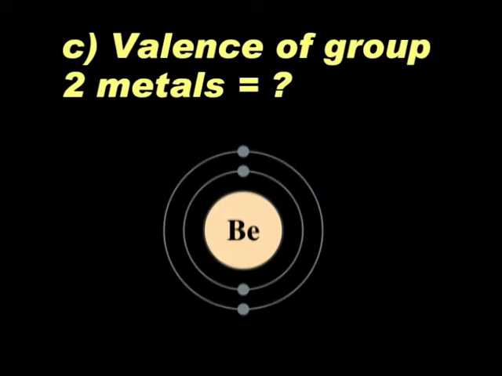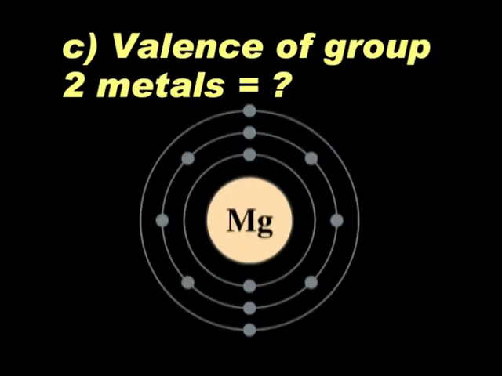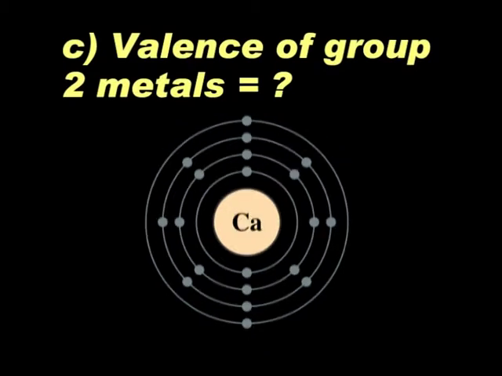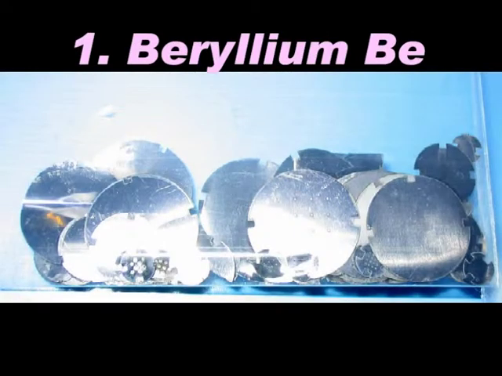Count how many electrons there are in the outer shells. So write down the valence number for column 2 metals. Put a side heading beryllium, Be.